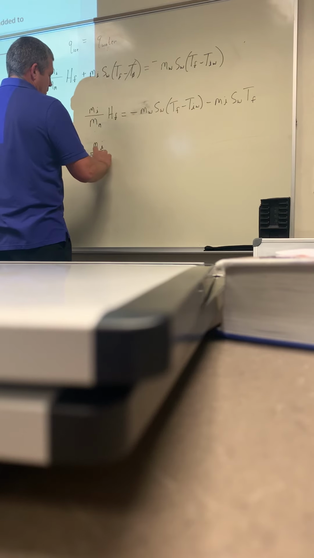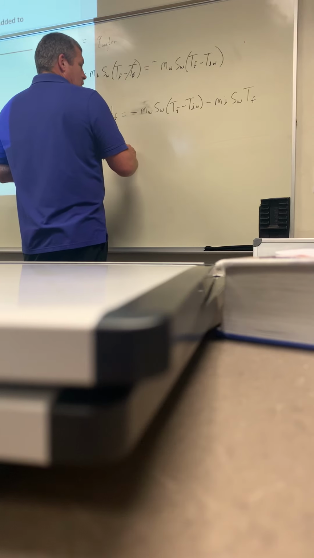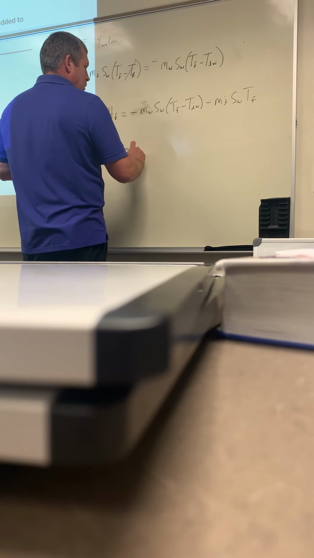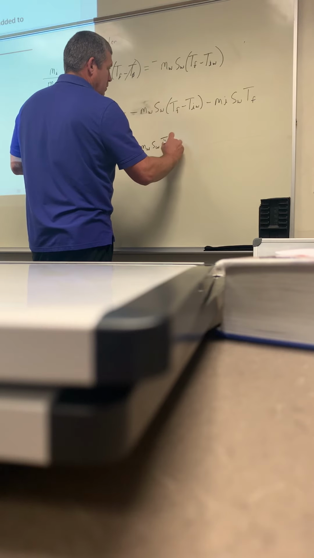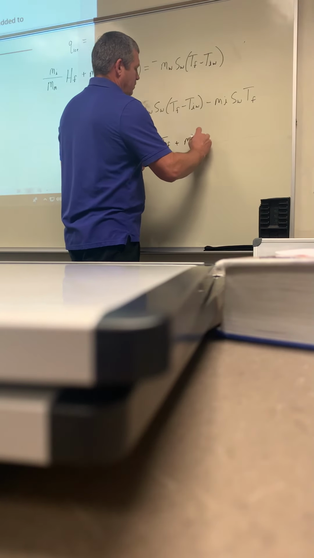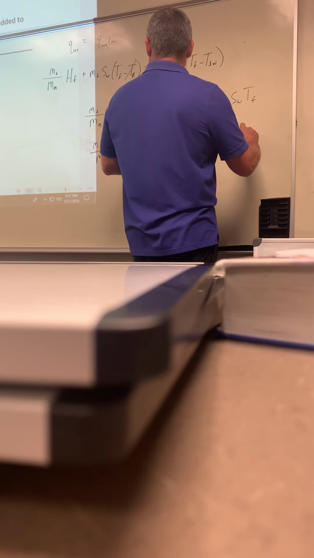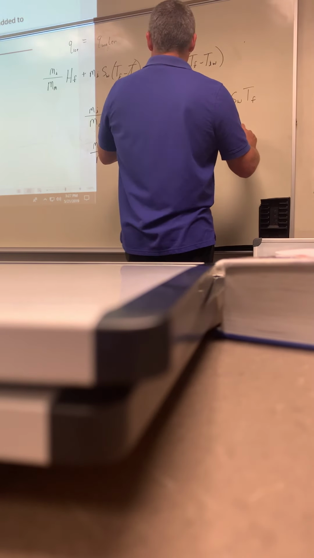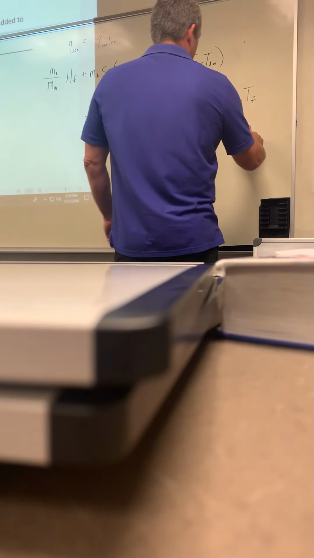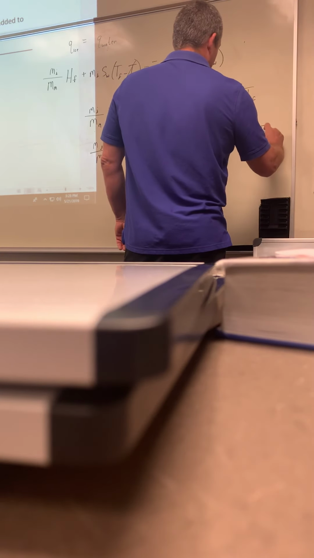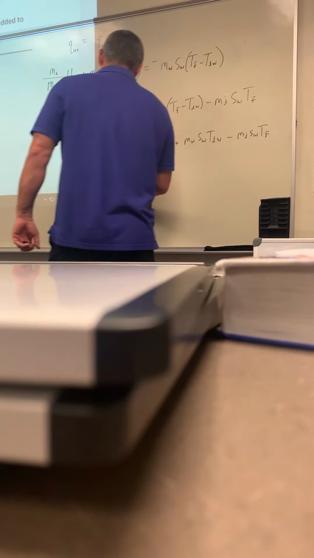Mass of the ice divided by molar mass times heat of fusion. So I'm going to take negative mass of the water, specific heat of water, temperature final, plus mass of the water, specific heat of water, temperature initial of the water, minus mass of the ice, specific heat of water, temperature final. I'm going to subtract that from that side, factor T sub F out of this.